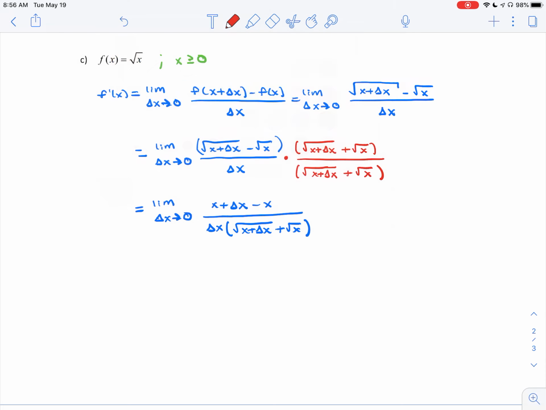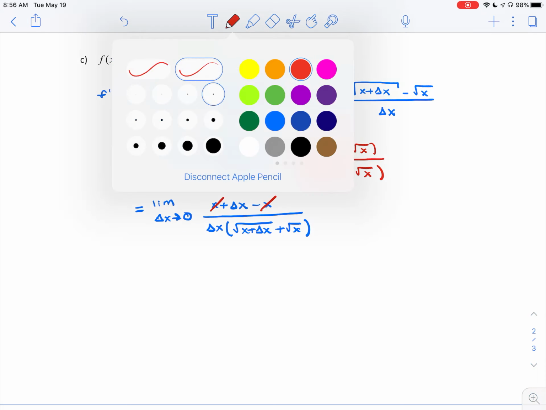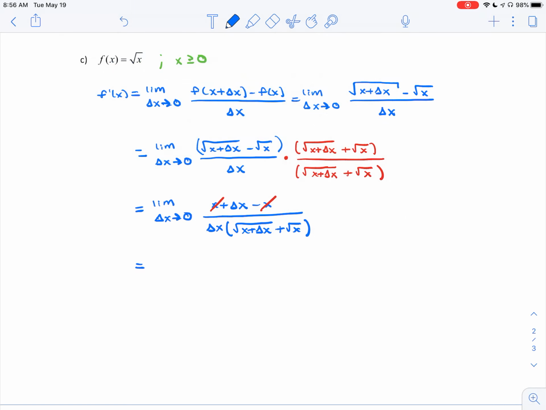Okay, so then in the numerator, those x terms will cancel out, which leaves us the limit as delta x approaches 0 of delta x over delta x times the quantity square root of x plus delta x plus the square root of x.